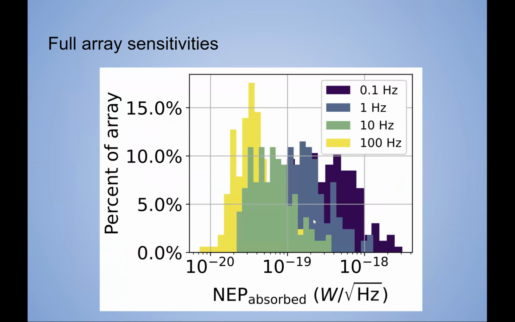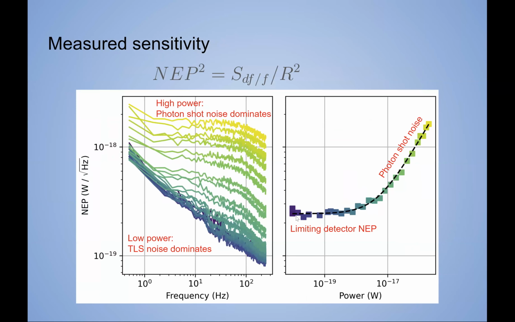So at very low powers, sorry, this is essentially black body off. This is a dark detector. And you can see it's flat. As you slowly ramp up the power, it gets into the photon shot noise regime where this is proportional to P. It's like a Y equals X thing.